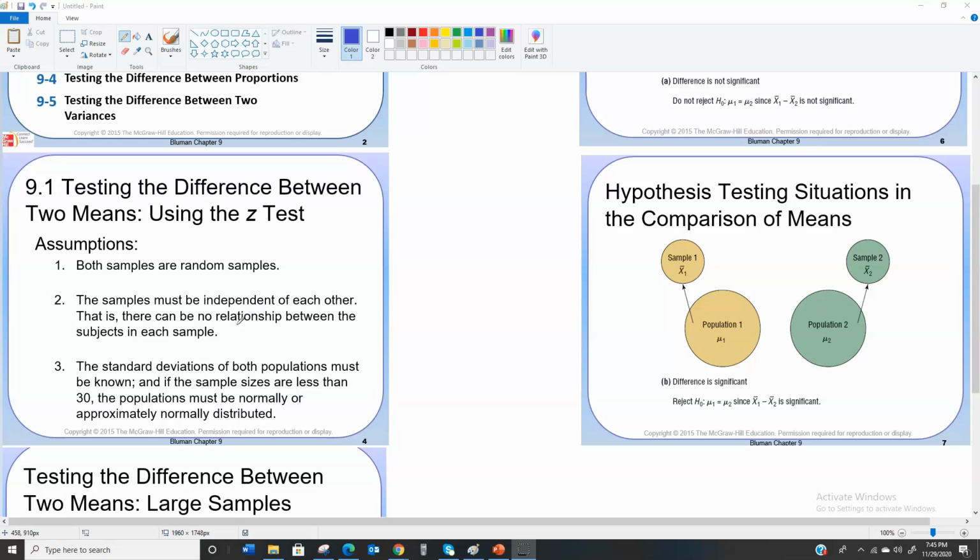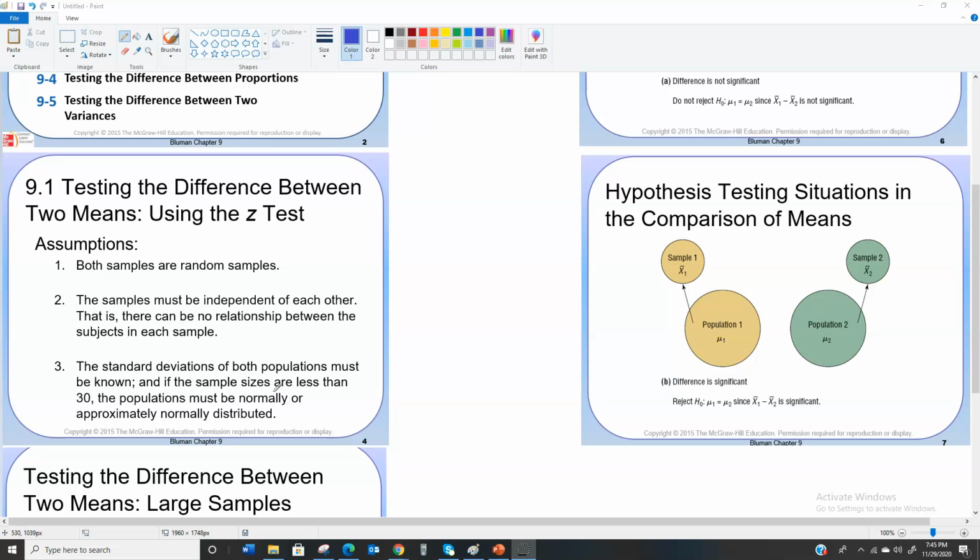You might pick one sample of students from one high school and another sample of students from another high school. Or you may pick one sample of students from one community college and another sample of students from another community college. But you want them to be independent. And so you don't want there to be a chance of an overlap or anything.